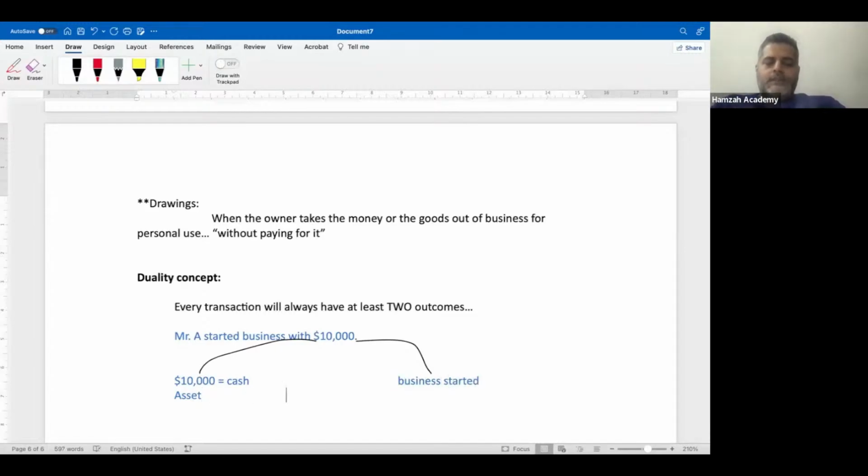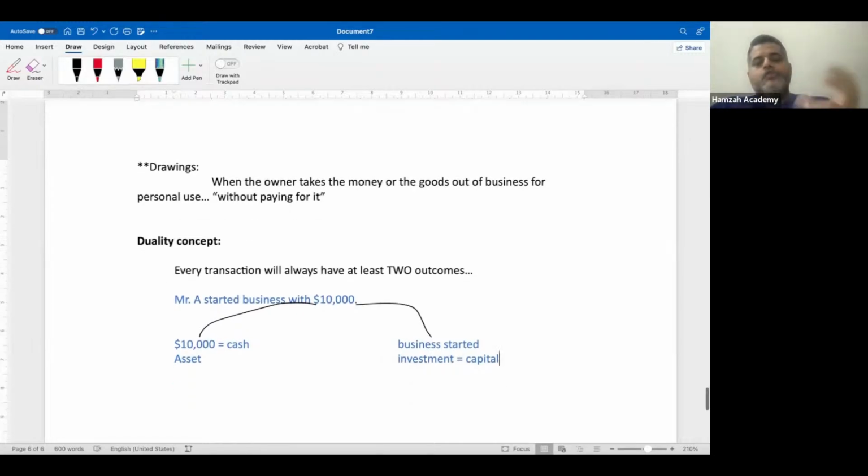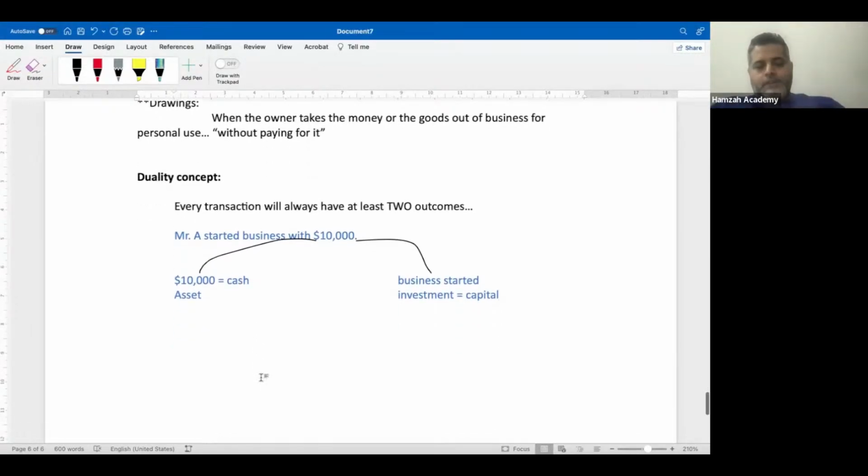So this is my investment. This is my capital. So this very 10,000, which I have started the business with, is my capital. This is the cash. This is the asset as well, right? So this is what basically the duality concept is, right?